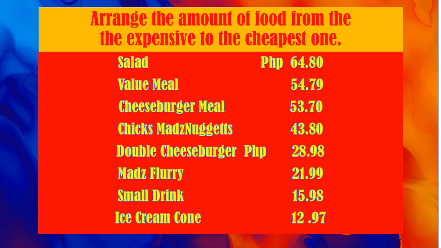Okay? So very good. The most expensive one is the salad, 64.80. The next is the value meal of 54.79. Next is the cheeseburger of 53.70 and the Chick's Mud's nuggets of 43.80.